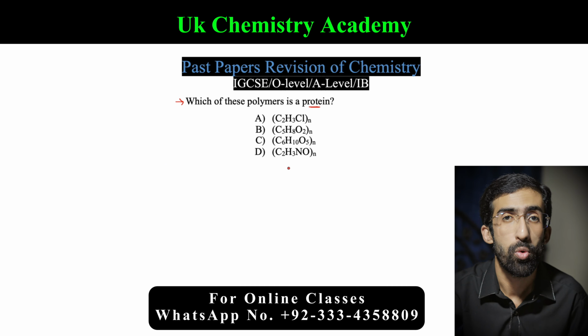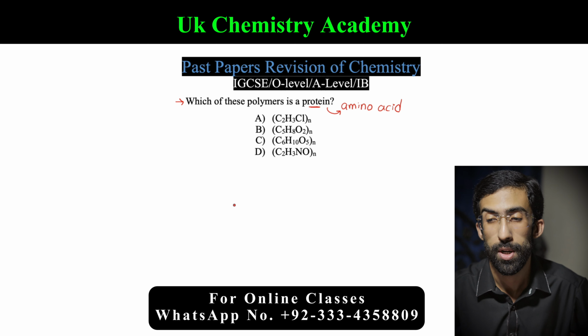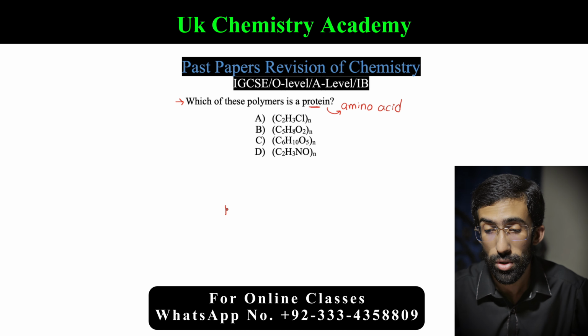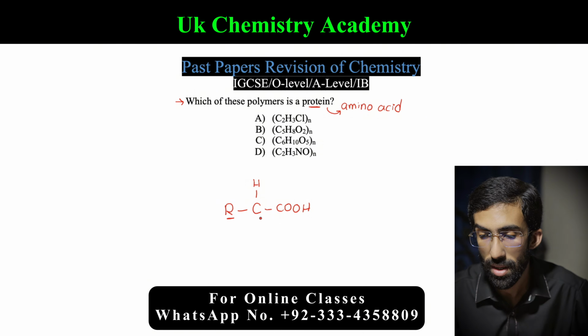First of all, you must know that proteins are formed by the combination of amino acids. What is the formula of amino acids? The general formula of amino acid is R, where R is the alkyl group, single bond C, single bond H, single bond C double bond O H, and single bond NH2.